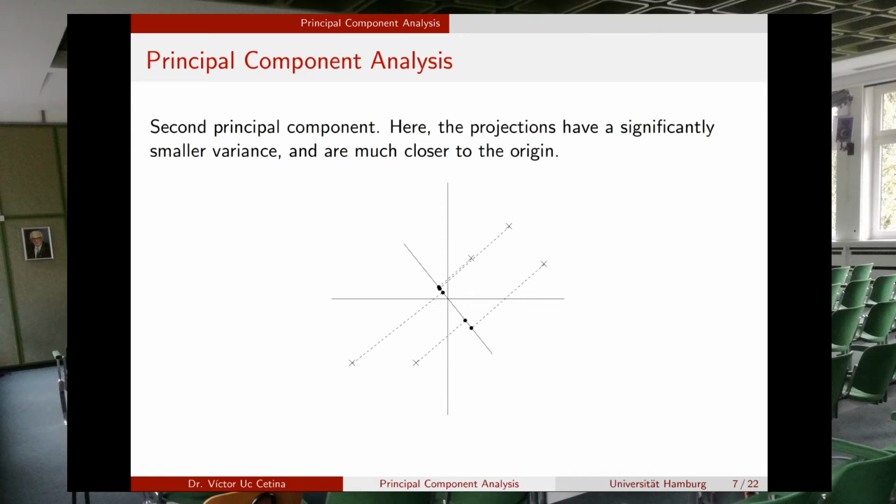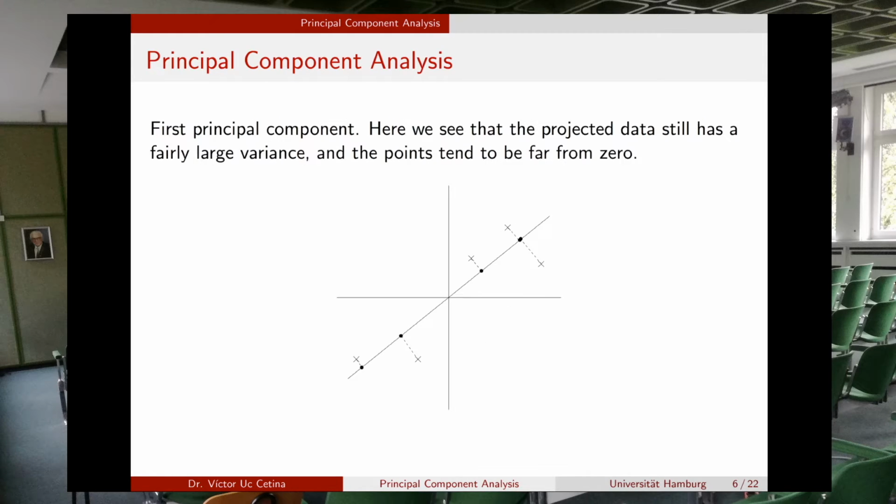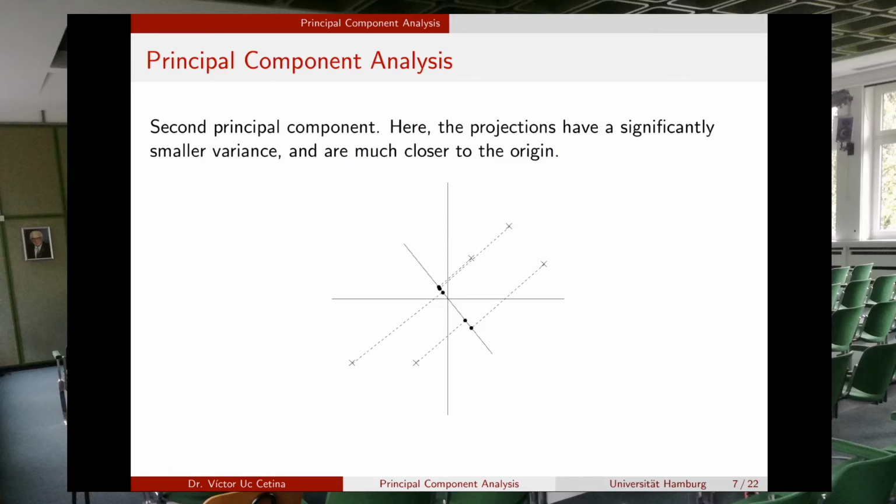An important thing to notice when we compute the principal components of a covariance matrix is that the resulting vectors are orthogonal. So you can see that this vector and this vector are orthogonal.